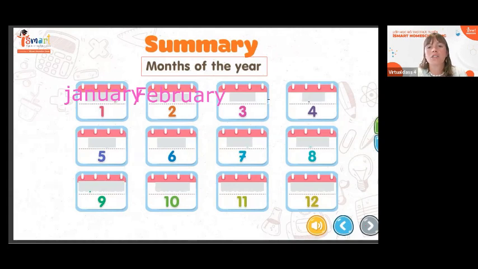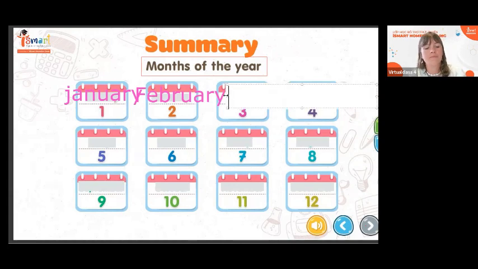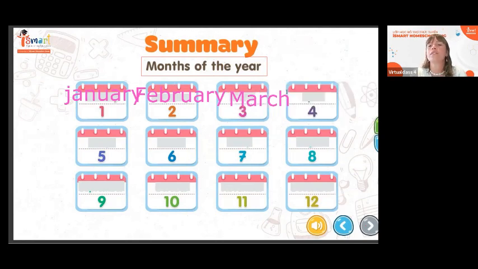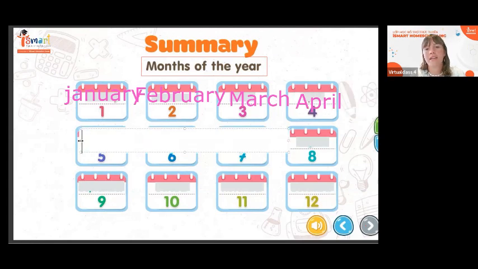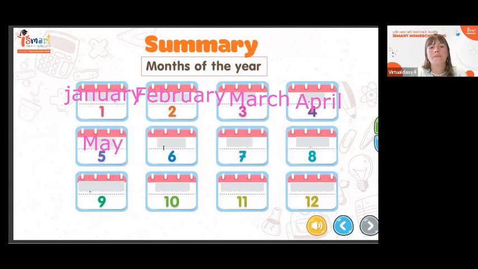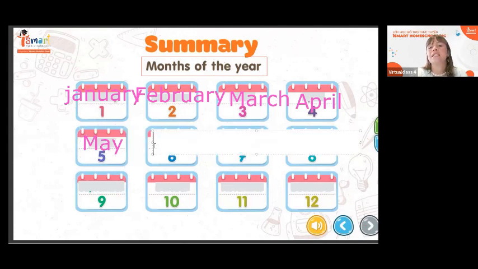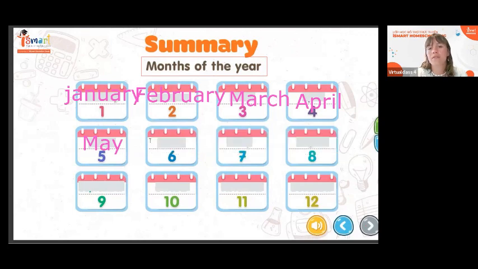Good. March. All right. Well done. What's the fourth month of the year? April. Nice. All right. And month number 5 is May. Awesome. What is the 6th month of the year?